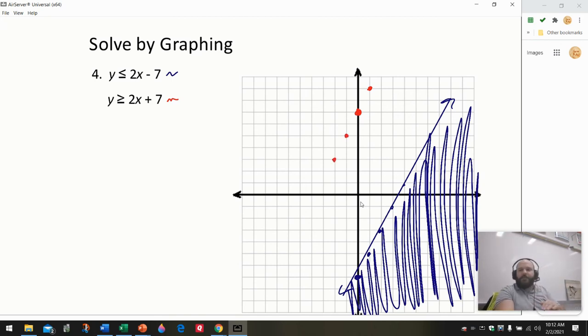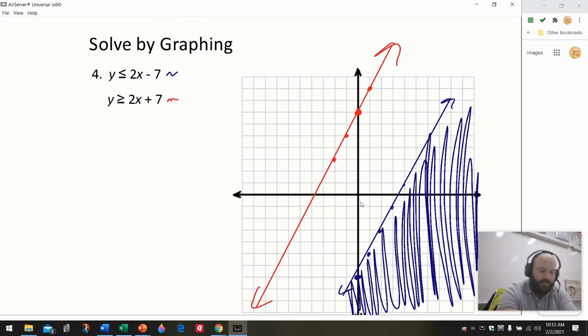So I'm going down, which is negative, and left, which is negative, which keeps me on that line. It is a strict inequality, greater than or equal to, so I am going to draw a solid line on this one as well. But what I want you to see, and that one wasn't drawn that great. Let me see if I can do this a little bit better. That one's a little better.